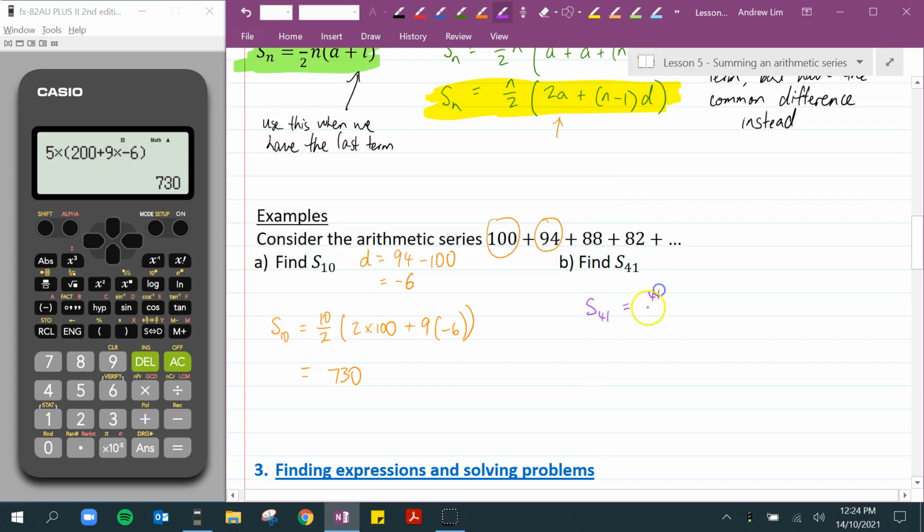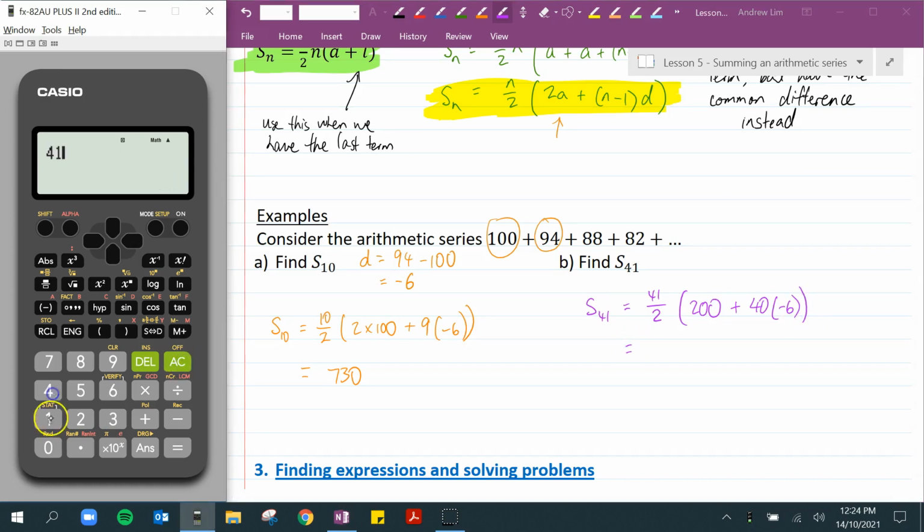We know that there are 41 terms, so we need to divide that by 2, times 2a, in this case 2 times 100, which is 200, plus (n minus 1), which is 40, and the common difference is minus 6. So let's put that in our calculators. 41 over 2 times 200 plus 40 times negative 6. Negative 820.